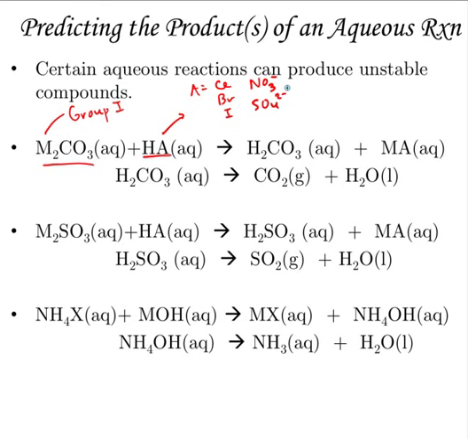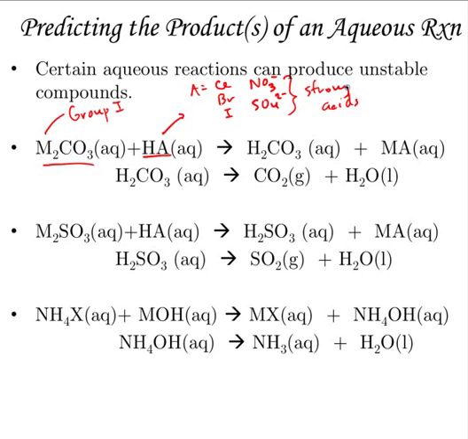So sulfuric acid, nitric acid, hydrochloric acid, hydrobromic acid, hydroiodic acid, etc. These are what we call the strong acids. Depending on your instructor, you may have to know a number of different ones, so please definitely be on the lookout for that.